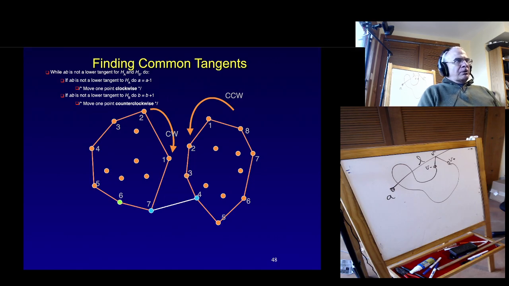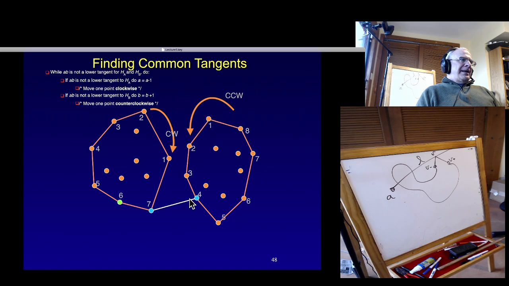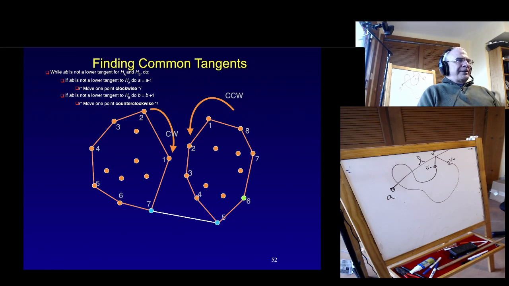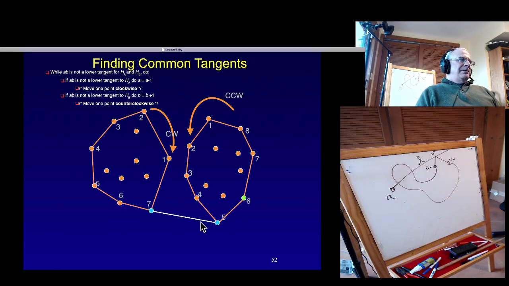So I'll walk on the right side. Again, how do I know that it's not a tangent? Just check with respect to the vertex one above, one below, the next and the previous. Well, it's still not the common tangent, so it keeps on going, and etc. And at the end, you are done.